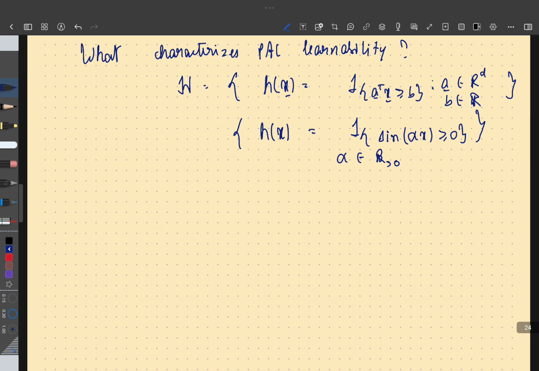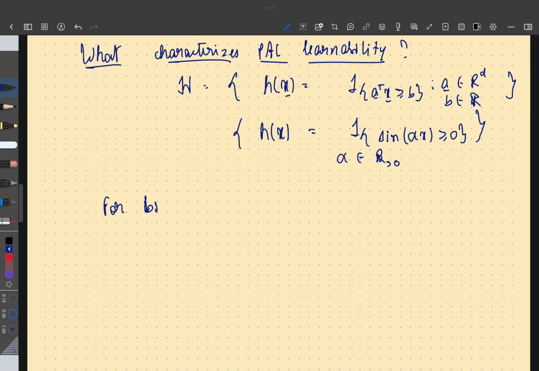All right. So then what is it that characterizes PAC learnability? It turns out that this is not a completely well understood problem, although a lot of developments have happened in very recent years. For binary classification, it's a very well understood problem.